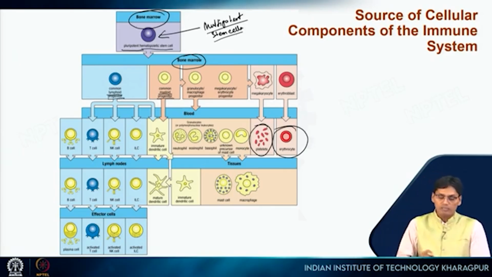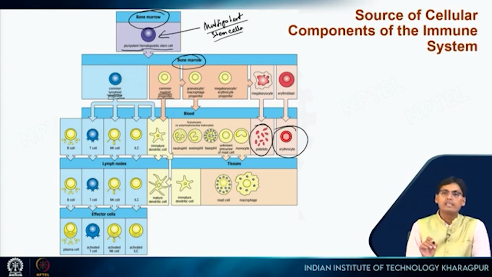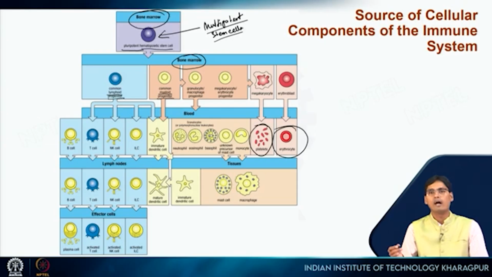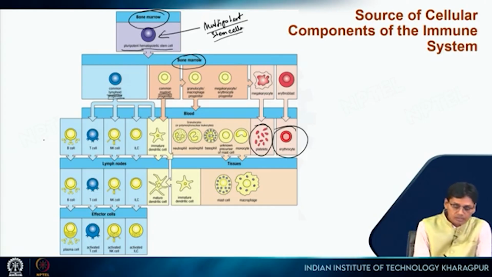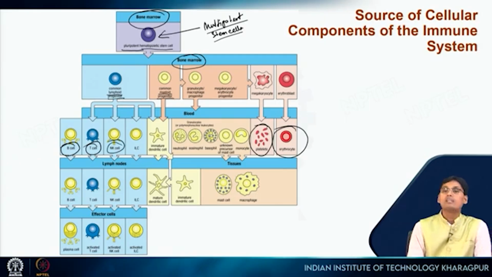And apart from that, there are a few very important things you have to remember so that I can discuss the other lectures. From this lymphoid progenitor we get B cell, T cell and NK cell. All are very important to remember because they play a very important role in our immune system.